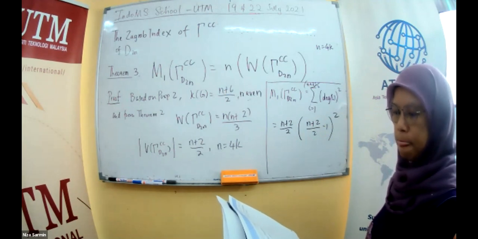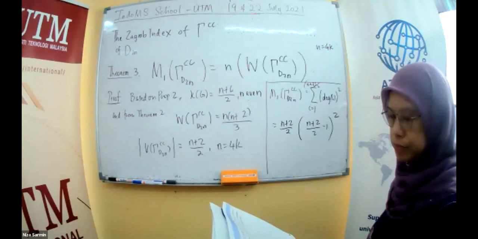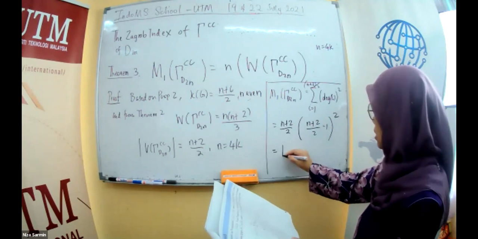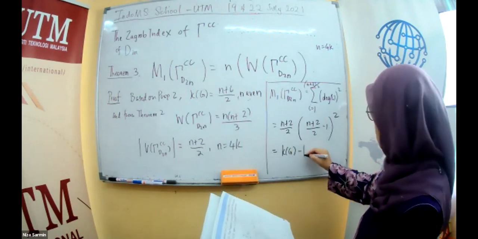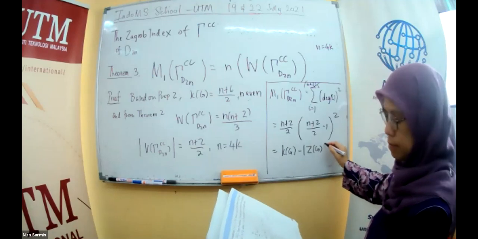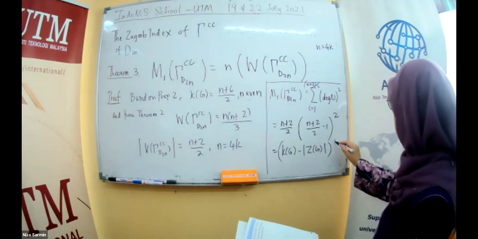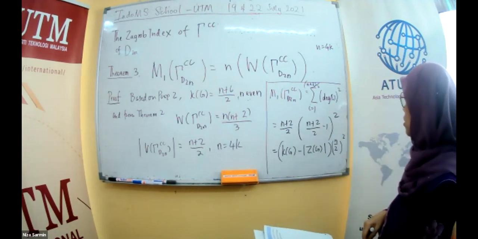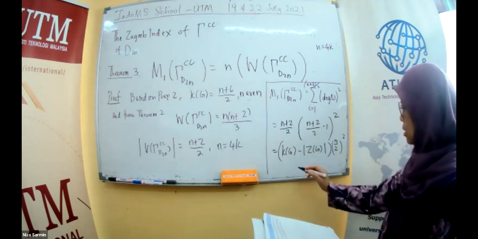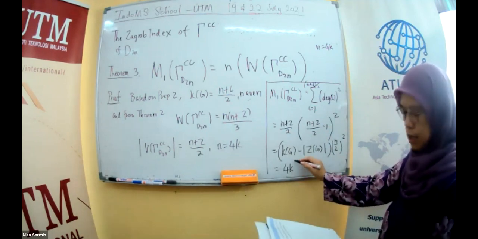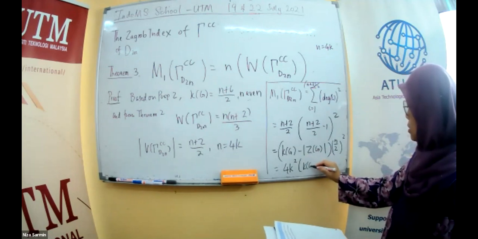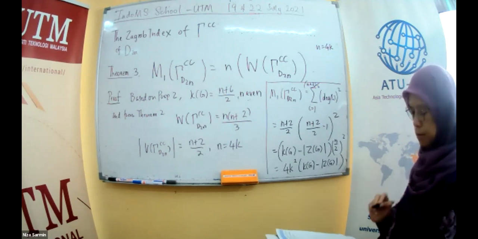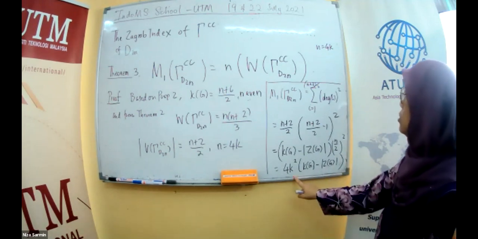Okay, so this is given to be K of G minus the center. You can rewrite this. This is minus 2, so you have (n/2) squared, which is 4k squared K of G minus, okay, which is equal to this.